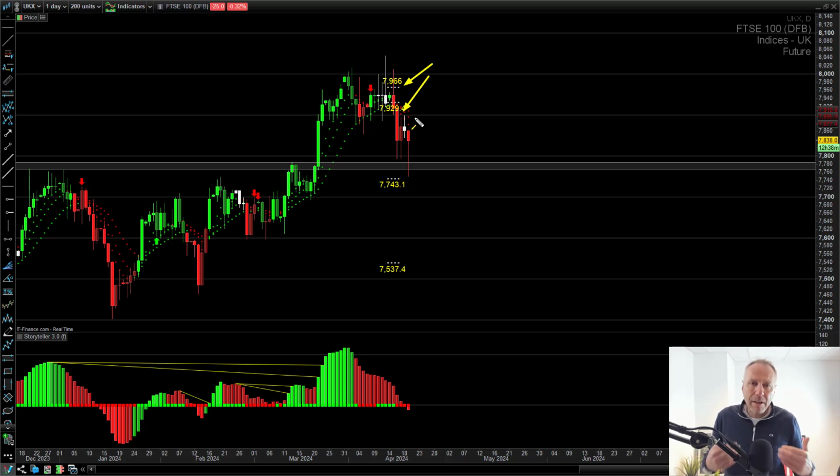Now, the number one goal for me as a trader is to get my stop to break even, so I can't lose any money on the trade as quick as possible. But the challenge with that is, if I choke the trade and get it too tight, it's literally going to stop me out before it moves in the direction I wanted it to.